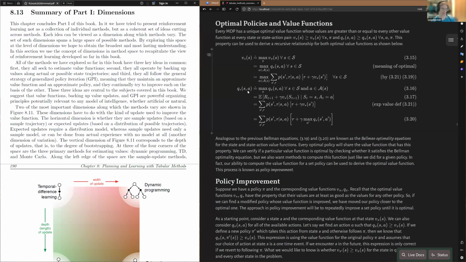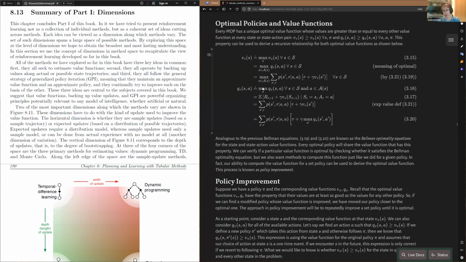This is easier to derive using the state action value function. But the idea is that there exists some optimal value function, meaning that at any given state there is some reward value, some G value, that you can achieve, and there is no other policy that will produce a higher G value.